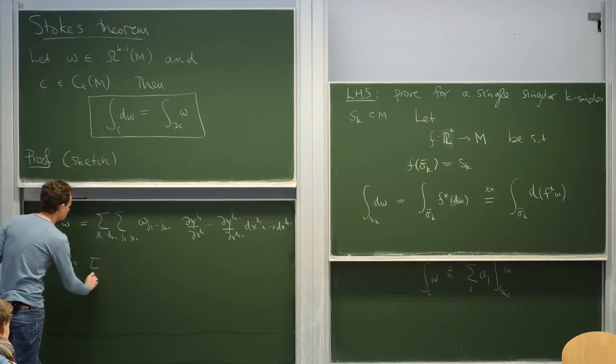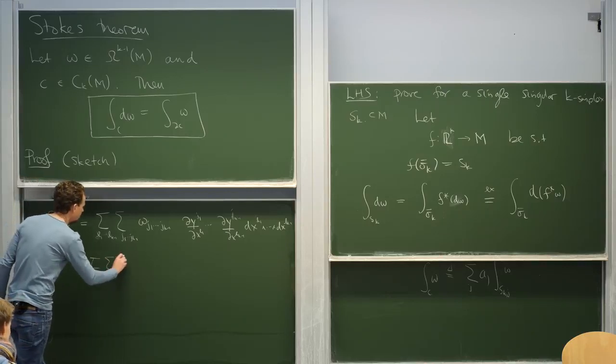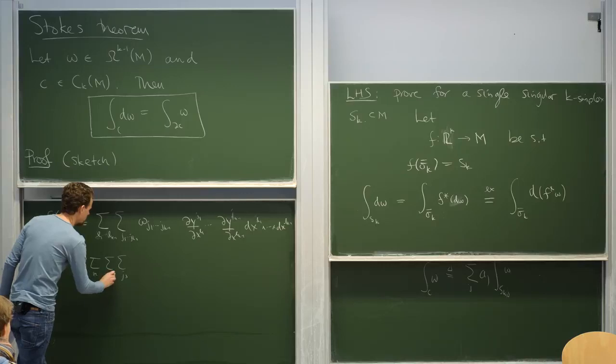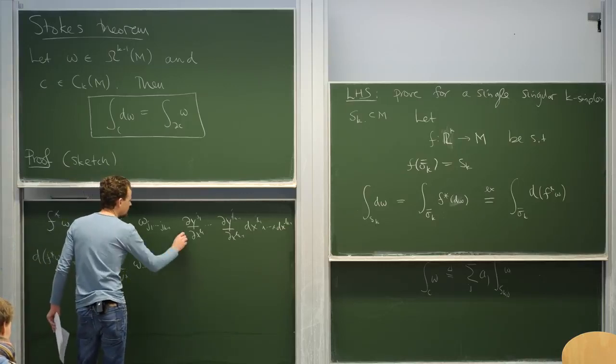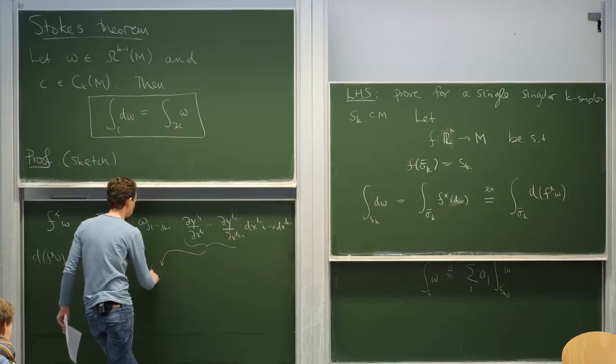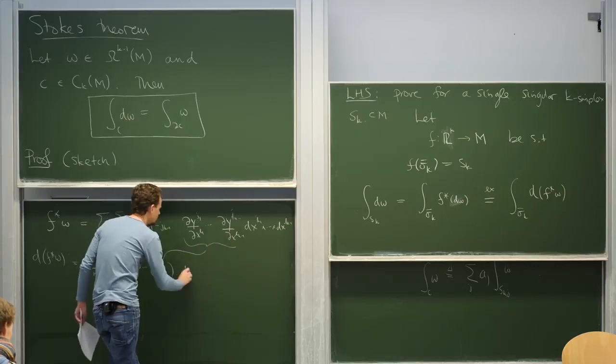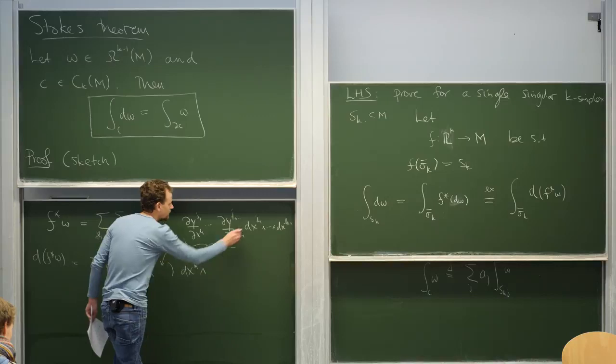So then you get an additional sum over m, sum over the l's, sum over the j's, omega coefficients, all this stuff. And then you get an additional dx^m wedge with all that.